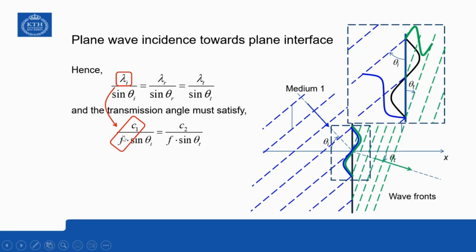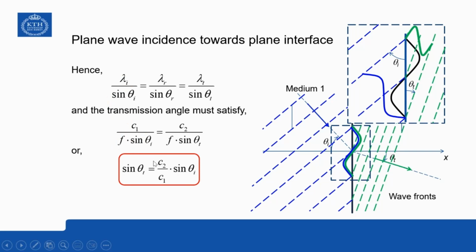So this holds for the incidence wavelength, C1 over F, and for the transmission wavelength, we have C2 over F. And then we can remove the frequency, and we get the relationship with only the known and unknown properties.